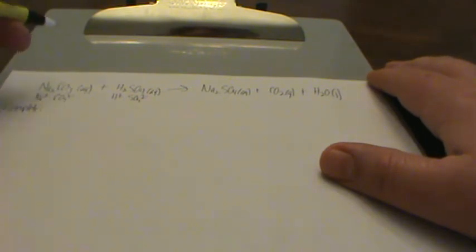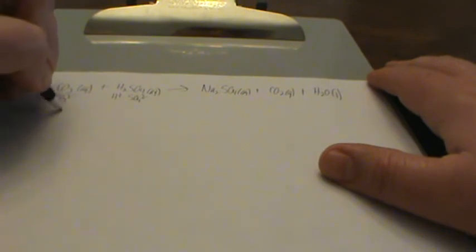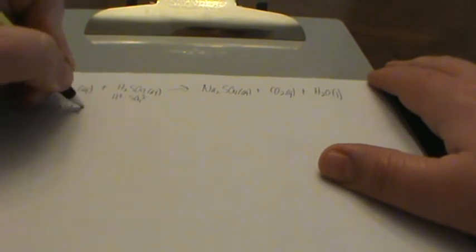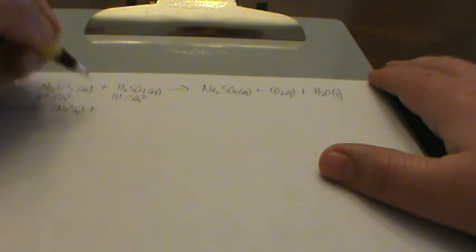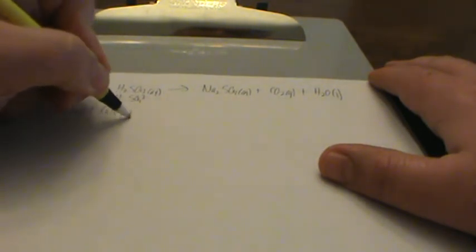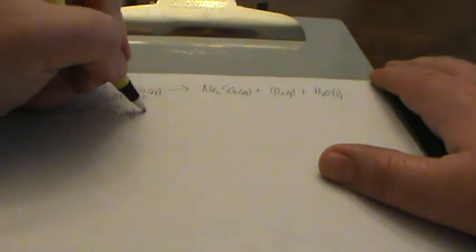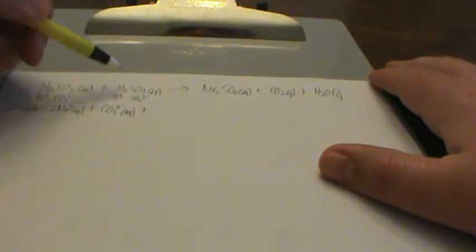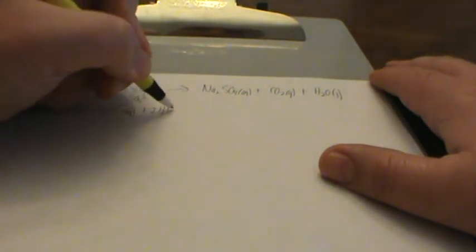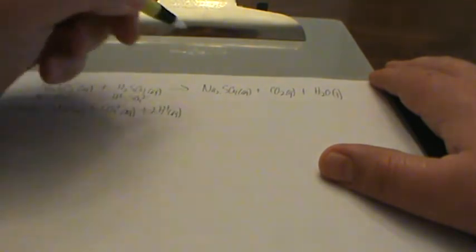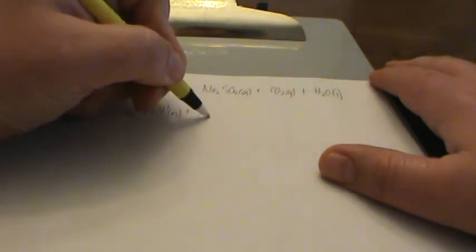Now we have 2 sodiums in our compound, so we have to show 2 sodium ions. We have 1 carbonate ion, so CO3. For sulfuric acid, we have 2 hydrogens, so we have to show 2 hydrogen ions. And we have 1 sulfate, so show 1 sulfate ion.